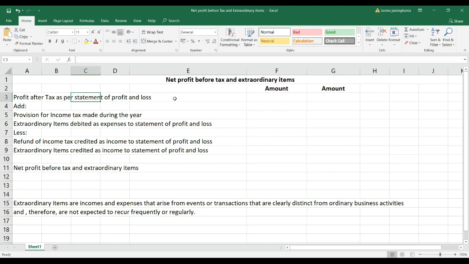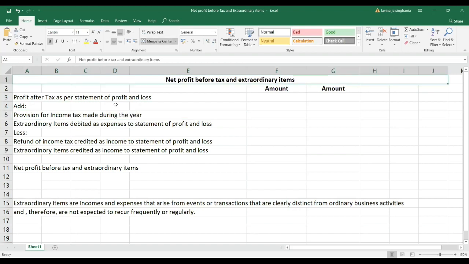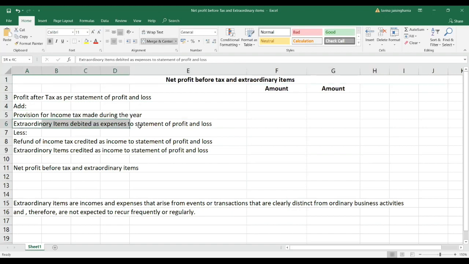So here you have to add back provision for income tax during the year, because we require profit before tax. So we will add the tax, and we want profit before extraordinary items, so we will add back all the extraordinary expenses which are debited in the profit and loss statement.